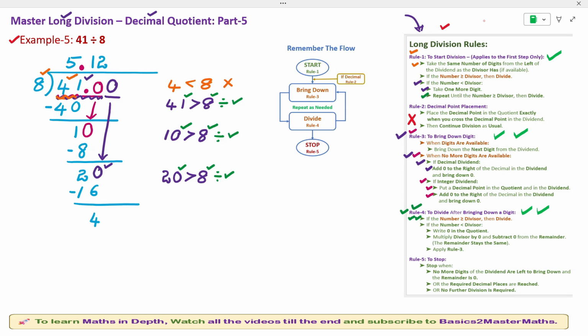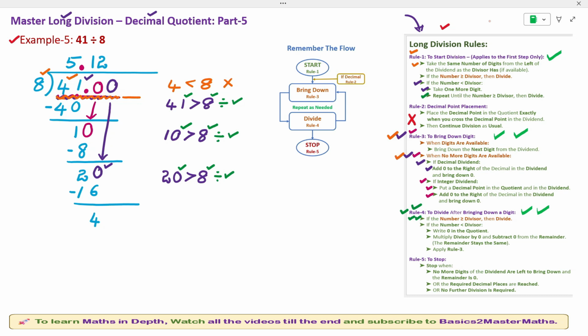Observe, 41.00 is a decimal and there are no more digits available on the dividend to bring down. So let us apply rule 3 again.